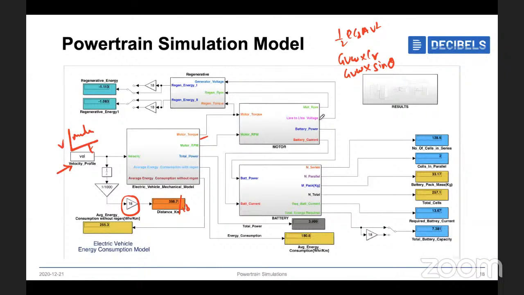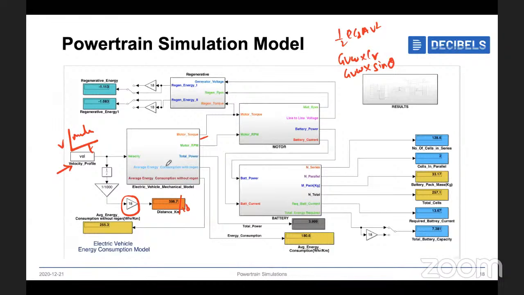After converting them, I pass them to the battery pack as inputs, battery power and battery current. Here also we do some calculations. They are very small equations, but throughout this model we'll find many equations that you might have come across in your courses or in your calculations. The important thing is how we combine all these equations to get the exact vehicle parameters.